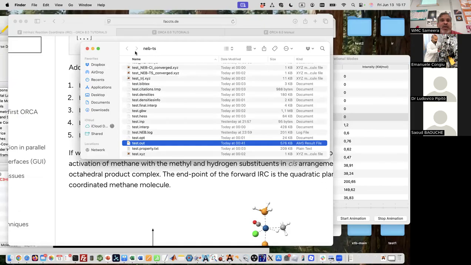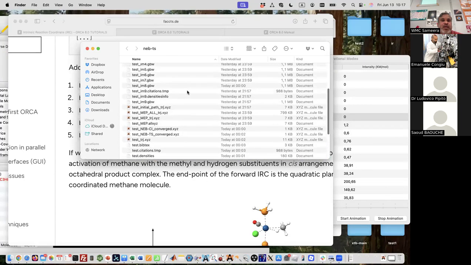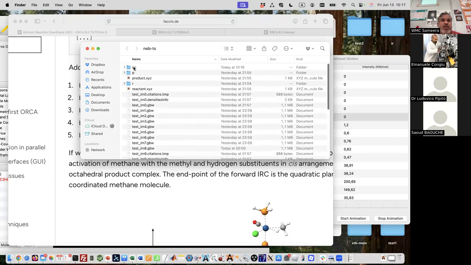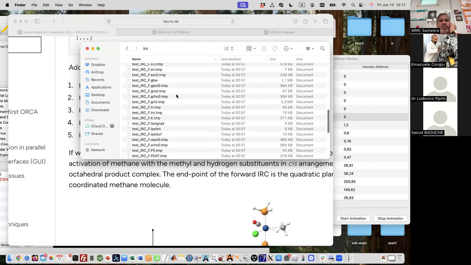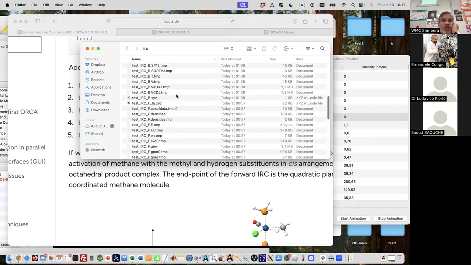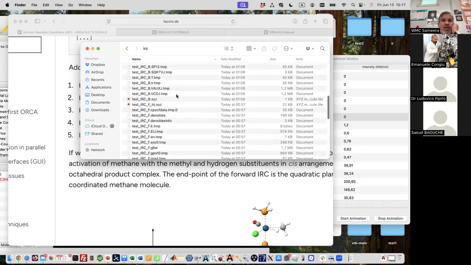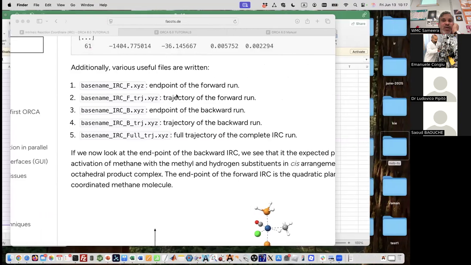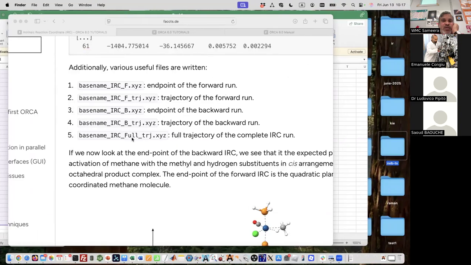So let's look at it. This is the IRC calculation. Here you can see different XYZ files, and what is important here is that one, IRC full trajectory.